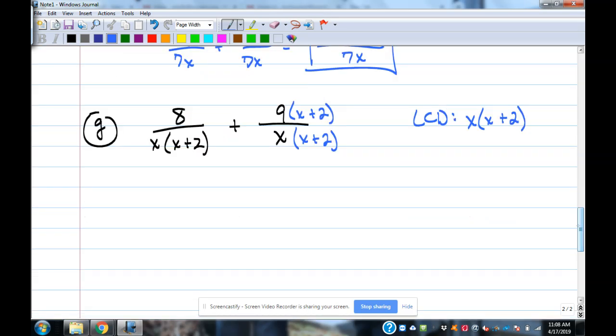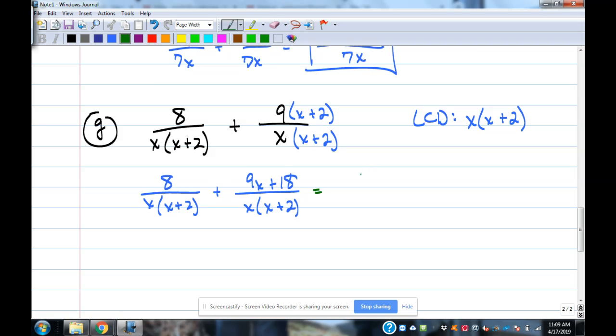And then we're going to do that math. It'd be 9x plus 18, right? And then simplify from there. So we got 8 plus 9x plus 18. So the like terms would be 8 plus 18.